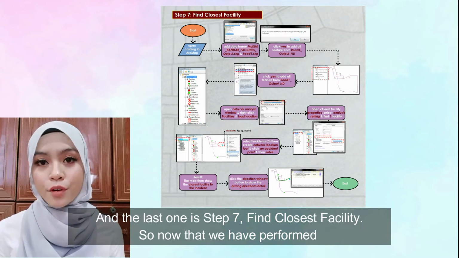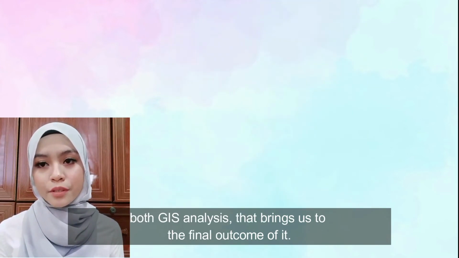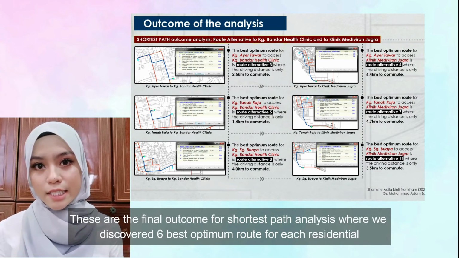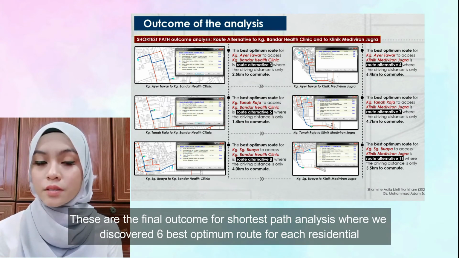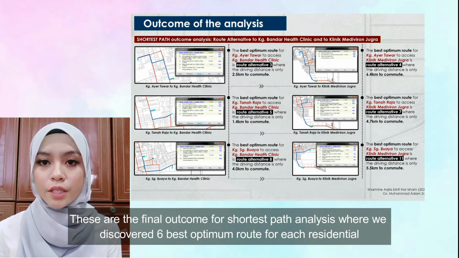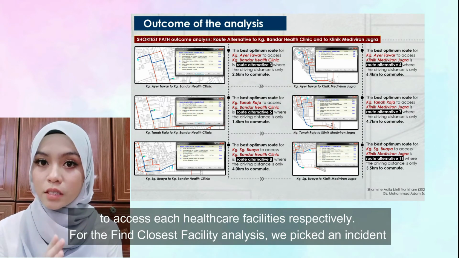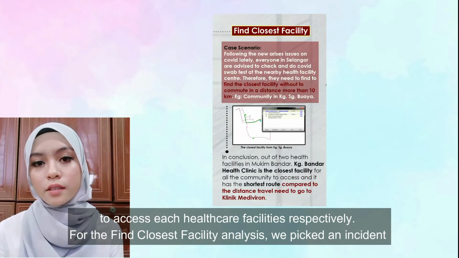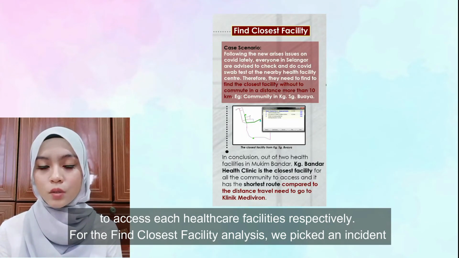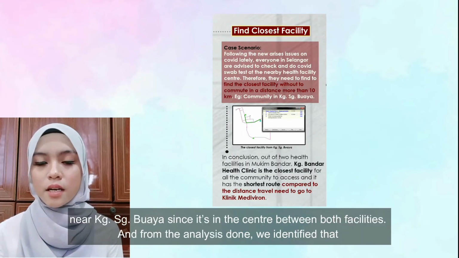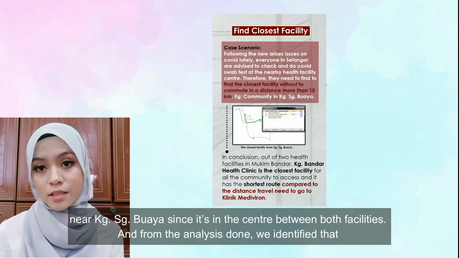Now that we have performed both GIS analyses, that brings us to the final outcome. These are the final outcomes of the shortest path analysis, where we discovered 6 best optimal routes for each residential area to access each healthcare facility respectively. For the find closest facility analysis, we picked an incident near Kampung Sungai Buaya since it is in the center between both facilities.